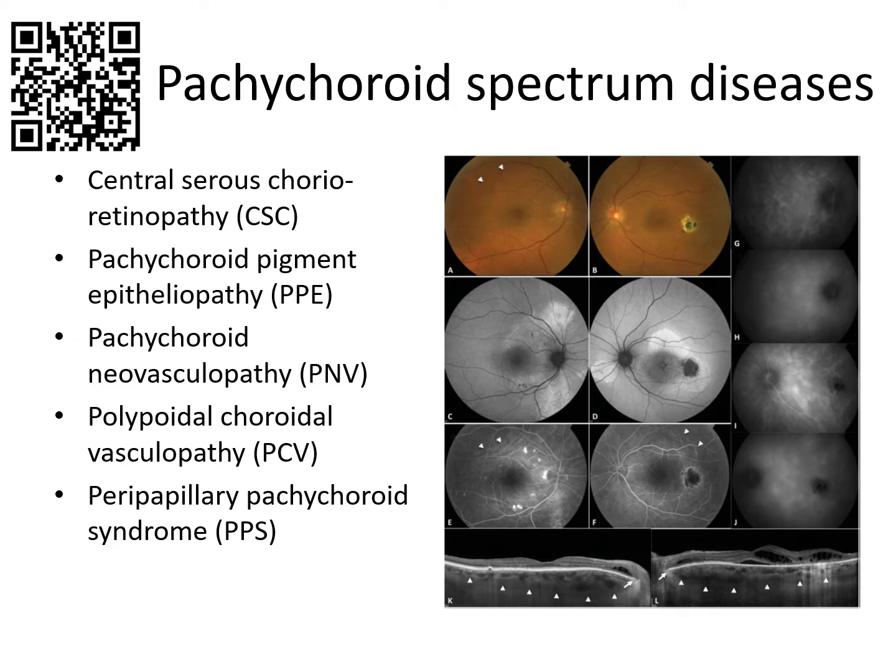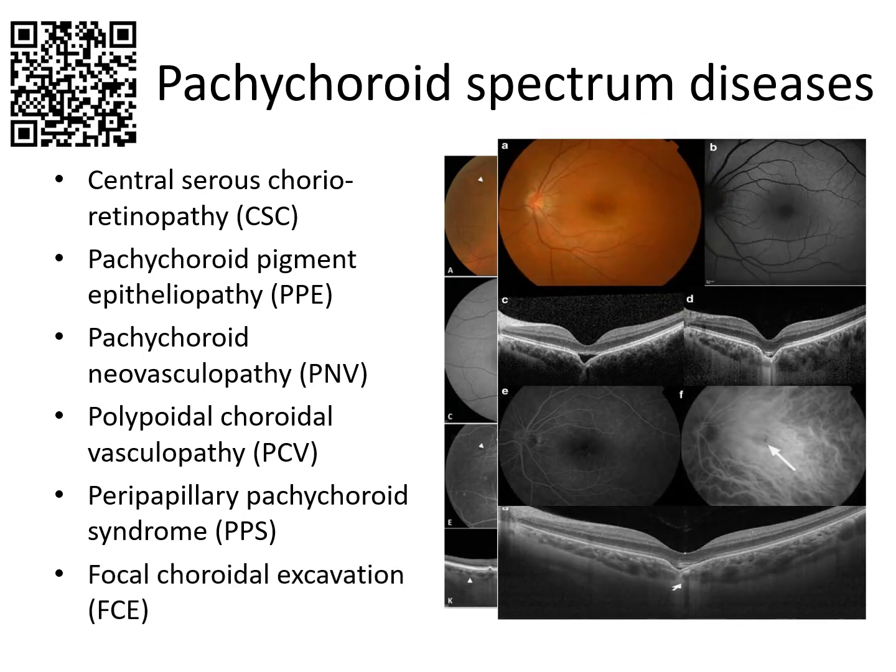Normally the choroidal thickness is maximum at the macular area, but here we can see it is thicker near the disc, and there's some serous detachment of the retina, and here we have intraretinal cystic fluid in the other eye.